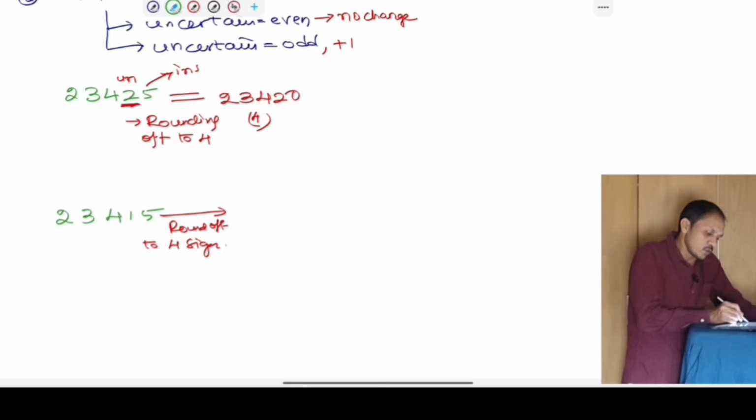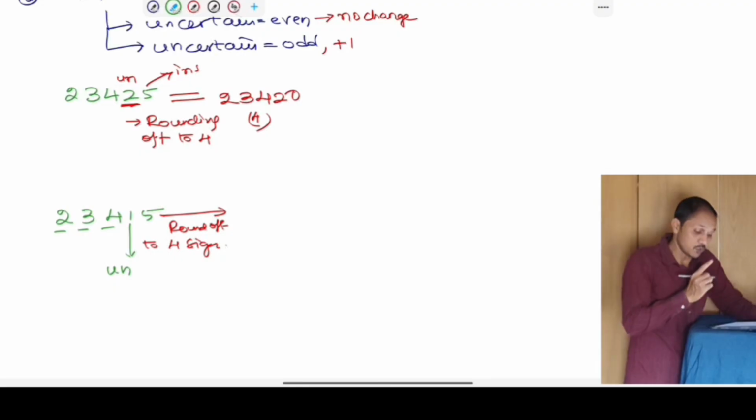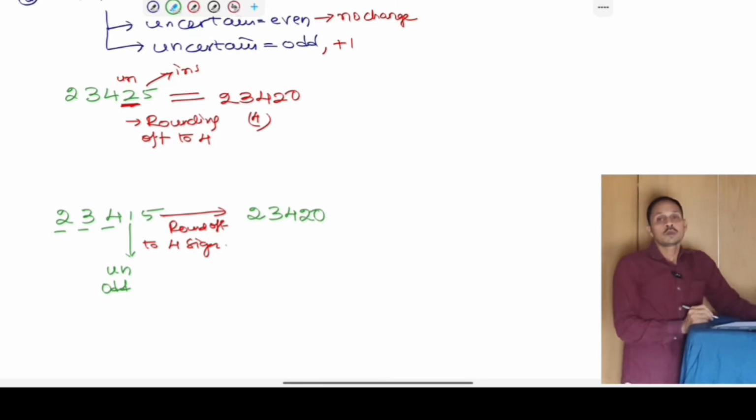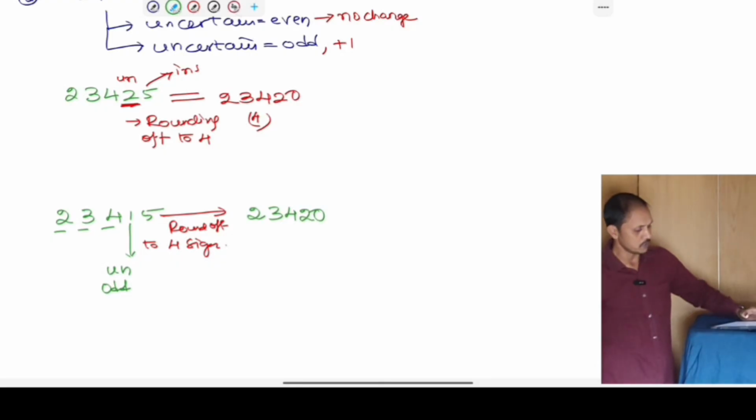Again, 1, 2, 3, 4. 1 is uncertain. The next number is equal to 5. And it is an odd number. So what is the rule? Add 1 to the uncertain. So 2, 3, 4, 1 plus 1, 2, and 5 is removed. 2342, right? That is rounding off. Simple.